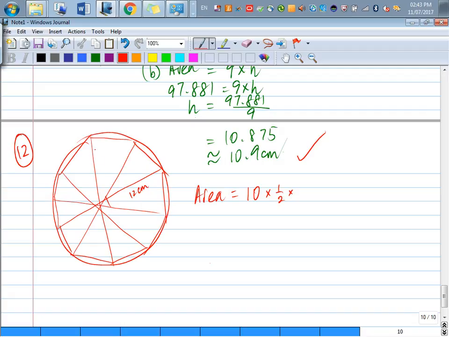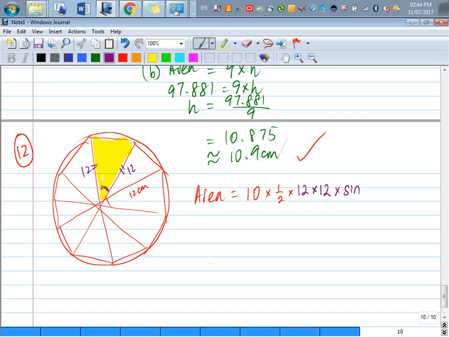So for example, if we choose to just focus on this triangle, which is the same as every other triangle, then this side is also 12 cm, this is also 12 cm, right? So half times A times B, so half times side times sine what? What is this angle here? How do we find that angle? 360 divided by 10.